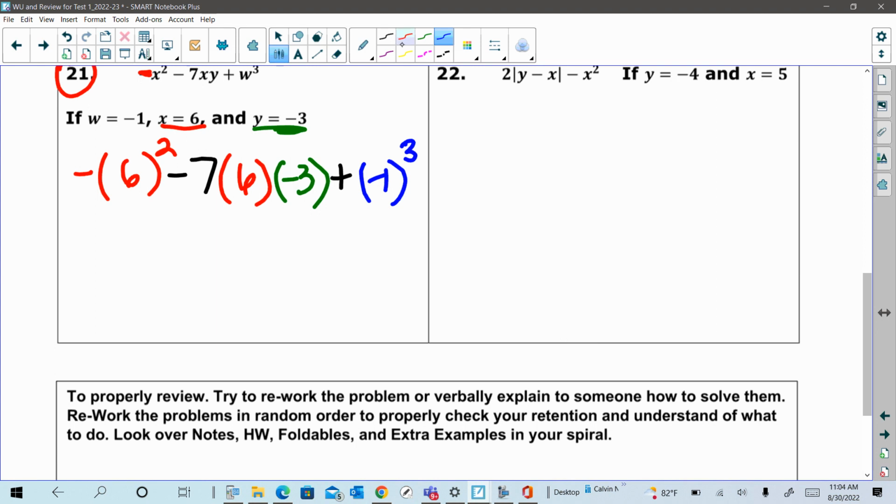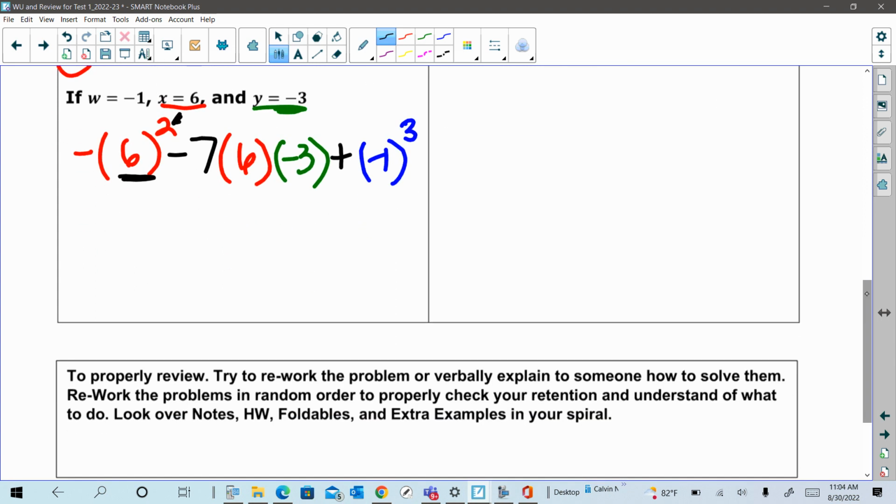And you're going to do your exponent first, the exponent of 6 squared. So when I do that, you keep that negative sign, a negative 36. Minus my 7 times 6 times a negative 3. And a negative 1 cubed is a negative 1.